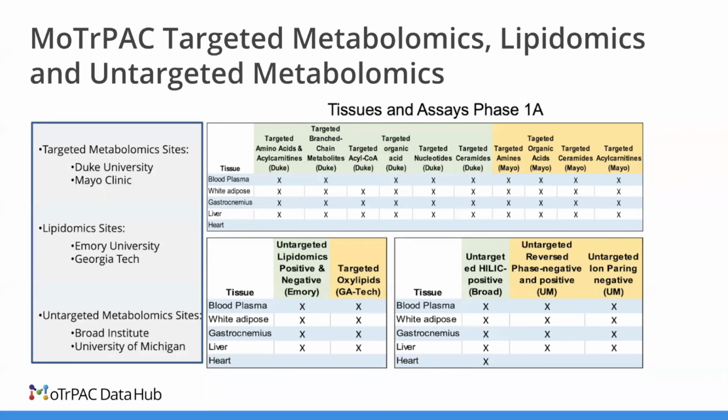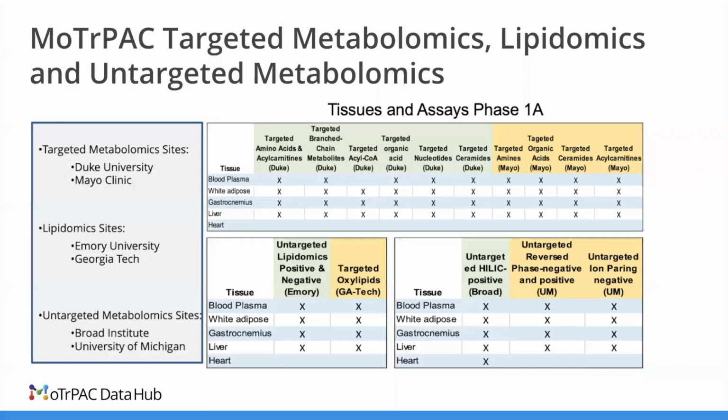You can see the tissues that are available and the data that's available from the metabolomics assays. In the heart, at this point, only untargeted data from the Broad Institute in the positive mode is being done.